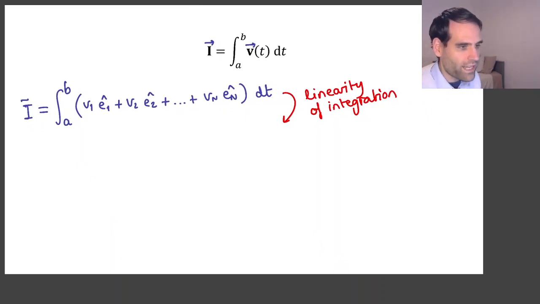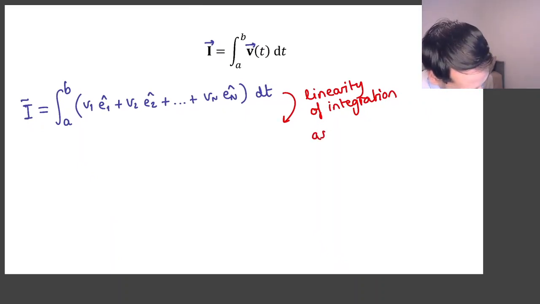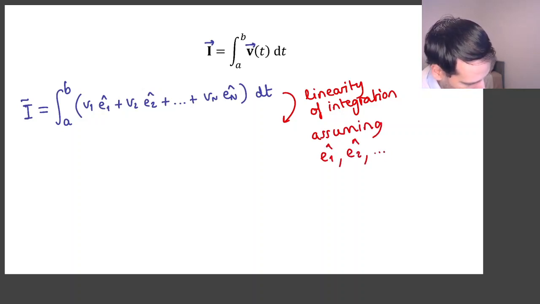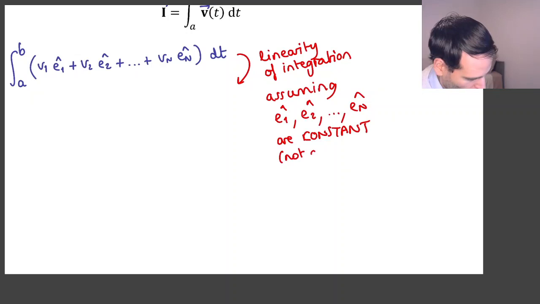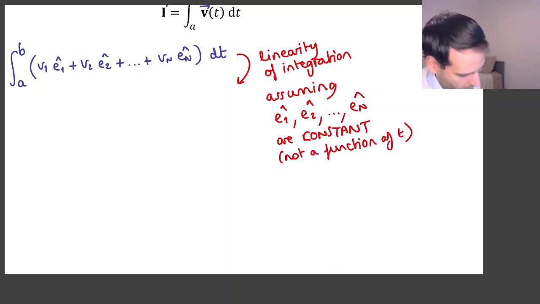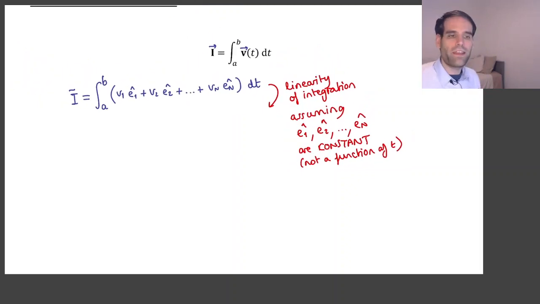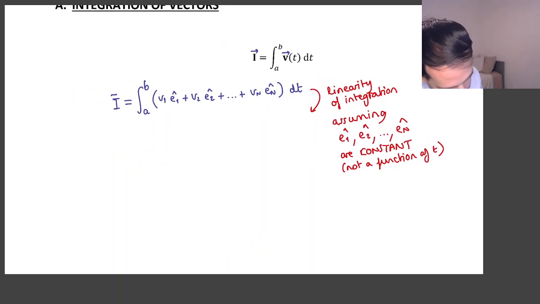This is true assuming that the basis vectors e1 hat, e2 hat up to en hat are constant. Or in other words, they are not a function of t. And I will have later a video explaining what to do if the basis vectors are a function of t. But if they are constant, then it's very easy.